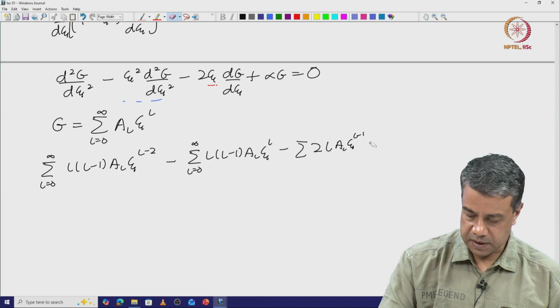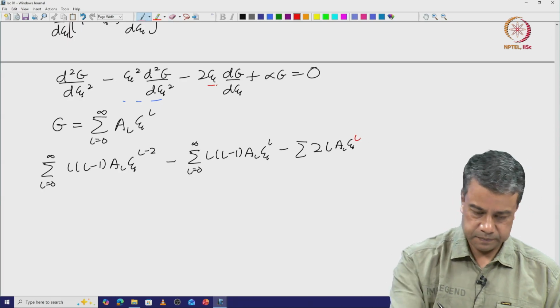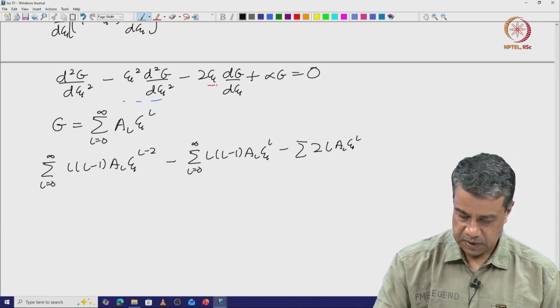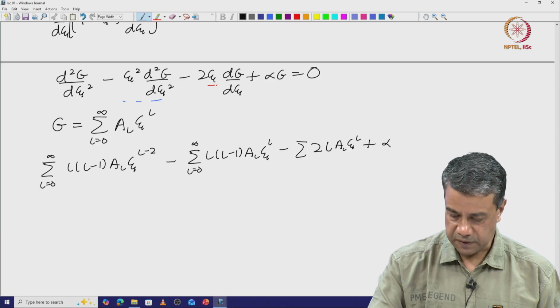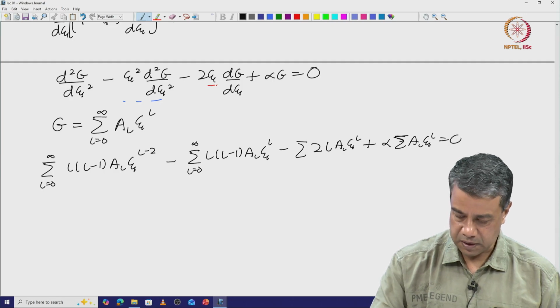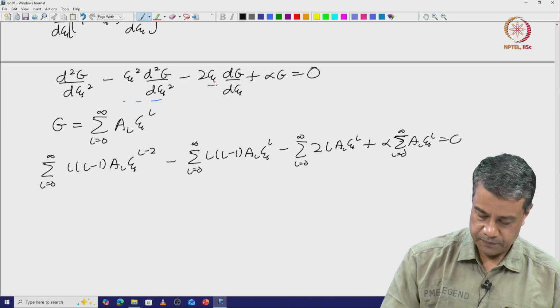So, this just becomes equivalent to psi power L. Plus alpha summation of A L psi power L, this is equal to 0. In all cases, L is equal to 0 to infinity.